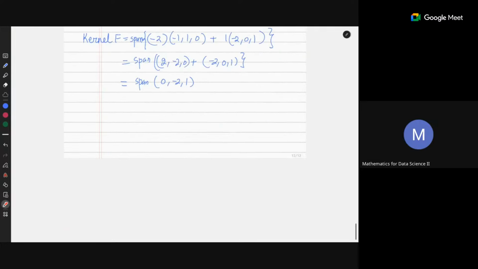So the algorithm, if I write it down: first step is to find the matrix representation of F with respect to the ordered bases of the domain and codomain.